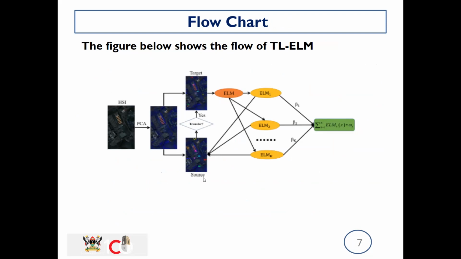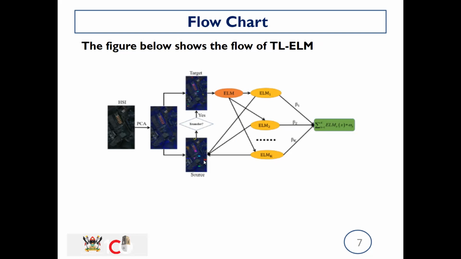So as you see, we are using transfer learning to transfer the useful insights or useful knowledge or useful instances we've learned from the source domain to the target domain. And then we learn our classifier, which is this ELM. After learning it, we classify data in the source domain.